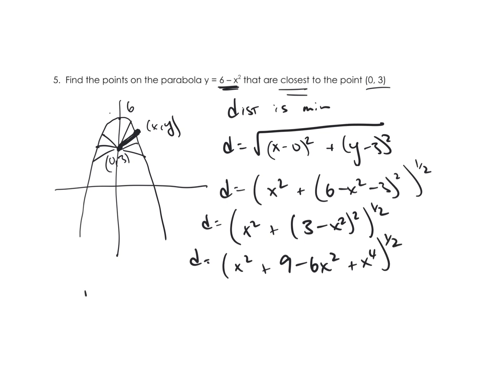And so now d as a function of x is equal to (x to the power 4 minus 5x squared plus 9) to the 1/2.